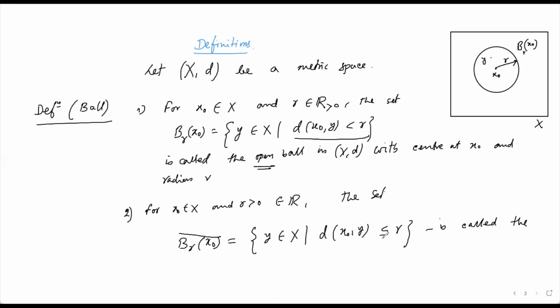Here the inequality is less than or equal to r. This is called the closed ball in the metric space (X, d), with center at x naught and radius r. So this is the definition of closed ball, and that is the definition of open ball.